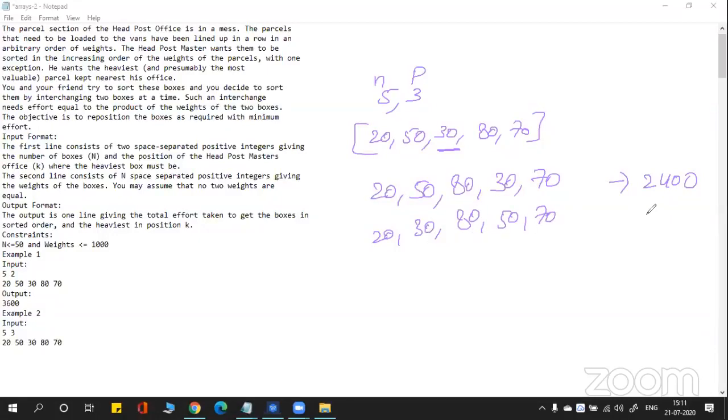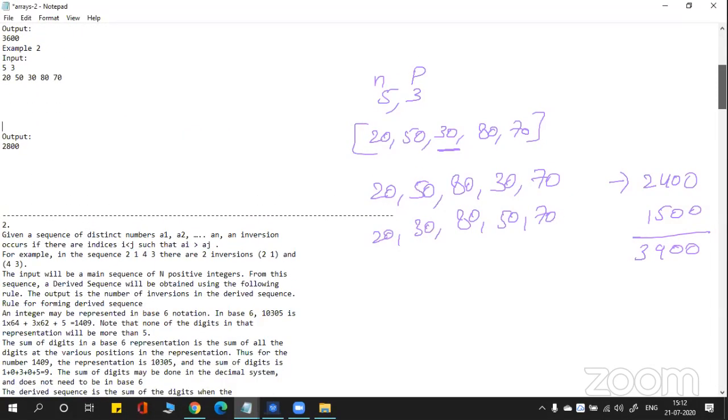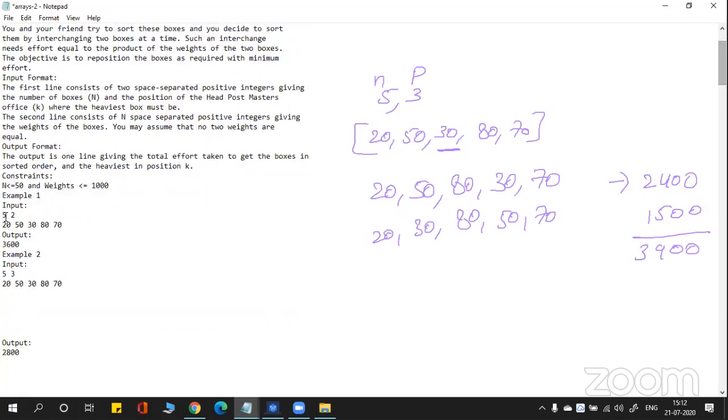With 5 and 3, I'll get my effort as 1500. 5 times 3 is 15, so my effort will be 3900. So here I'll be getting my effort as 3900. But what should the effort be now? The effort should be 2800. Can anyone tell me how we will get this effort?